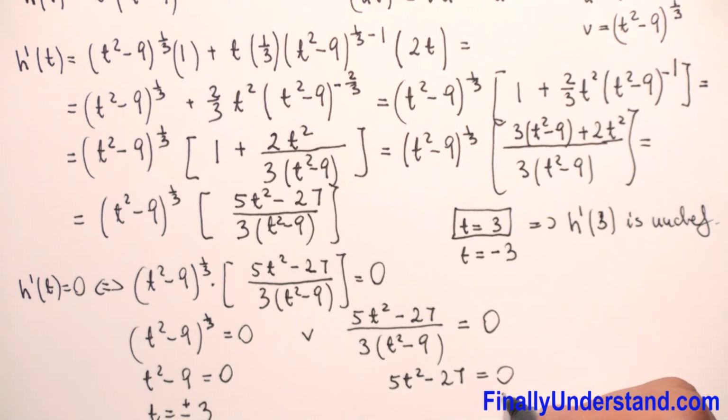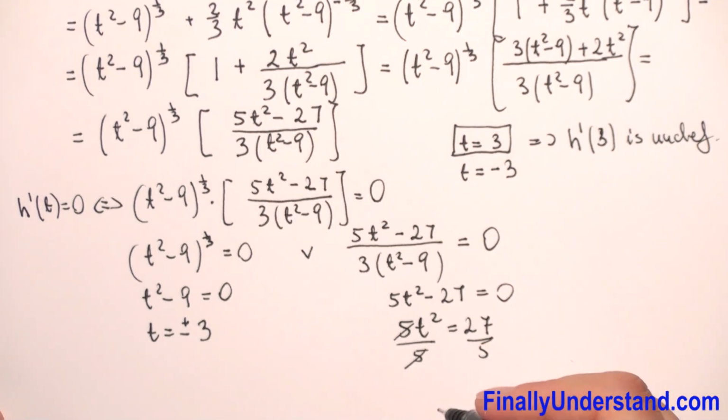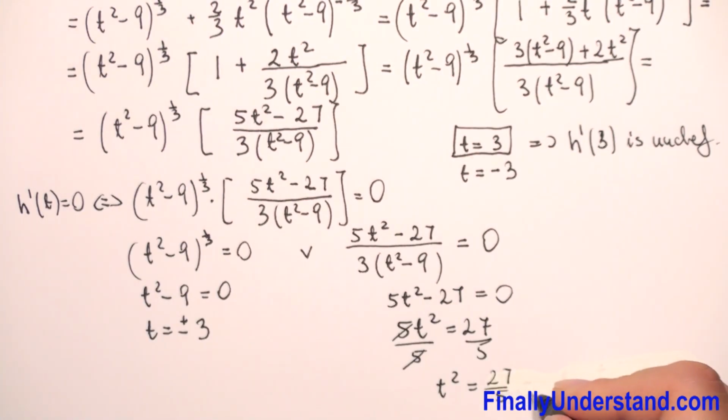I will move negative 27 to the right side. 5t squared equals 27. Now we divide by 5. 5 and 5 reduce, and we have t squared equal to 27 over 5. So t is equal to plus or minus the square root of 27 over 5.